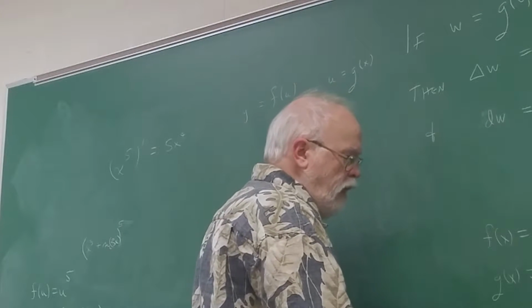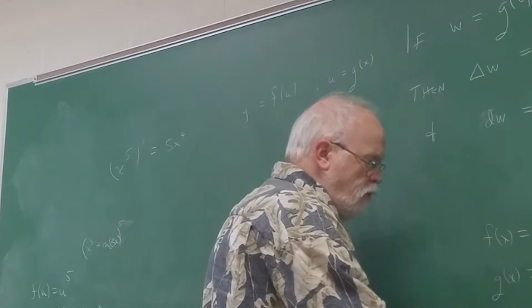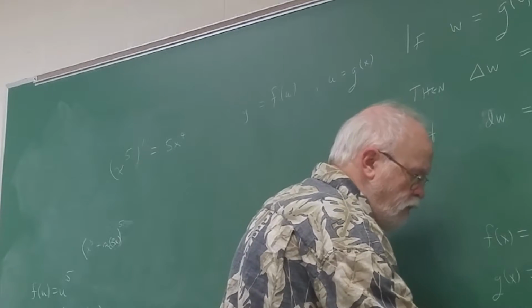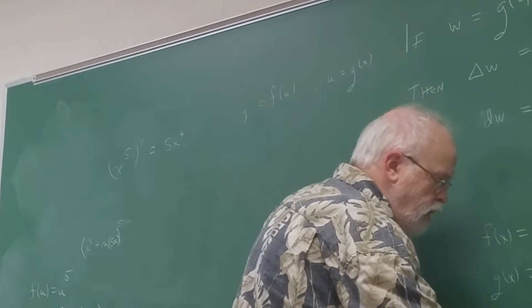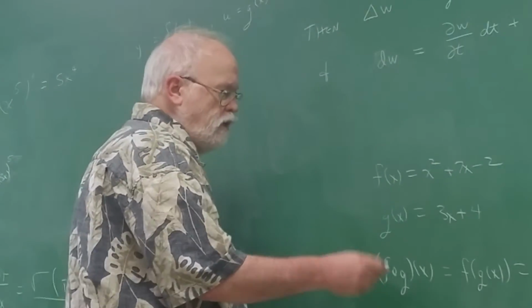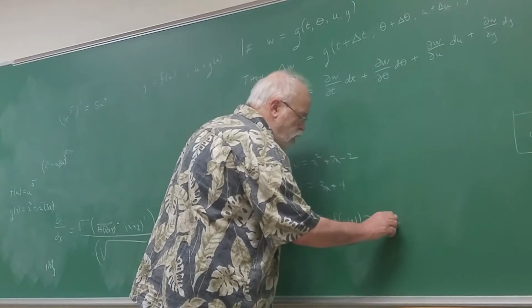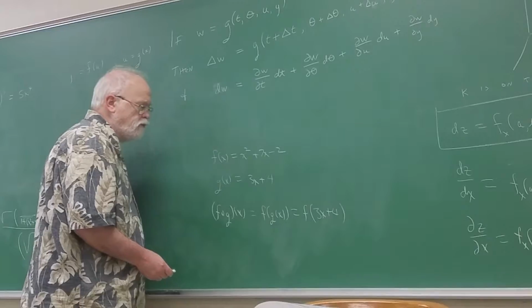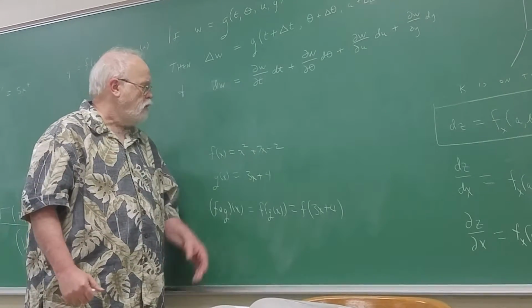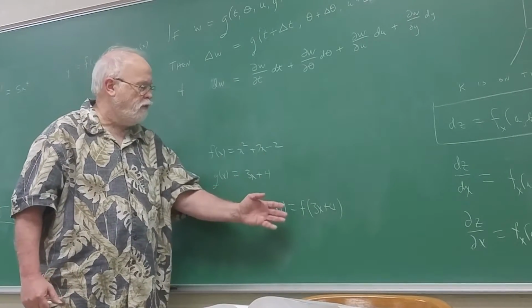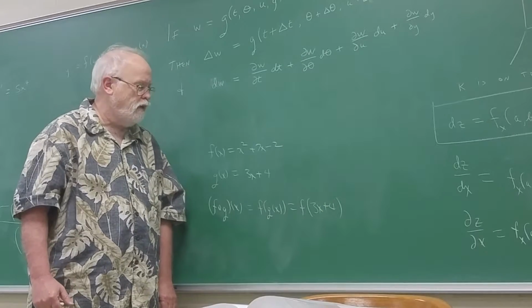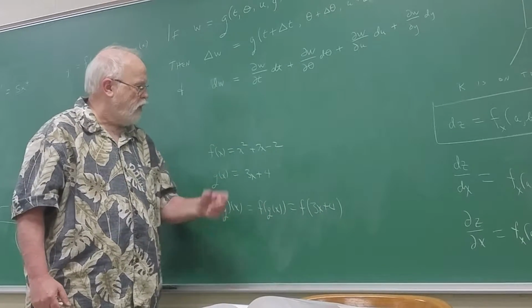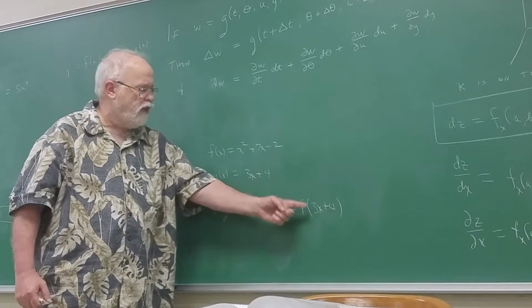So anyway, what we have to do, okay, that's f of g of x, right? And g of x is 3x plus 4. And so then I have to do f of 3x plus 4. Wait a minute, it's supposed to be f of x. It's not supposed to be f of some other combination with x. But we just say, okay, instead of x squared, I'm going to do that thing squared.